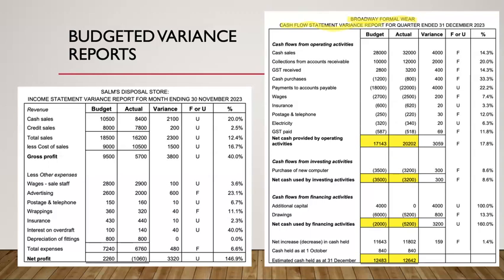So we're going through all of the activities from operating to investing to financing, and thinking about what has happened that has been a difference between our budget and our actual, and then thinking through the favourable or unfavourable aspect. Another aspect here, we've been given the percentage, which makes us able to do some analysis.